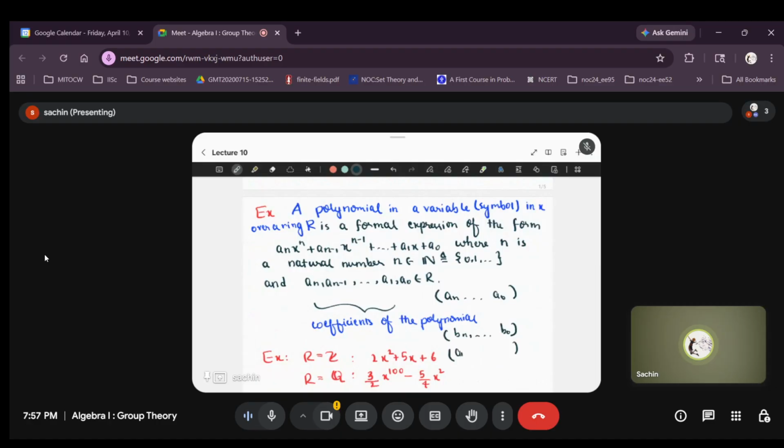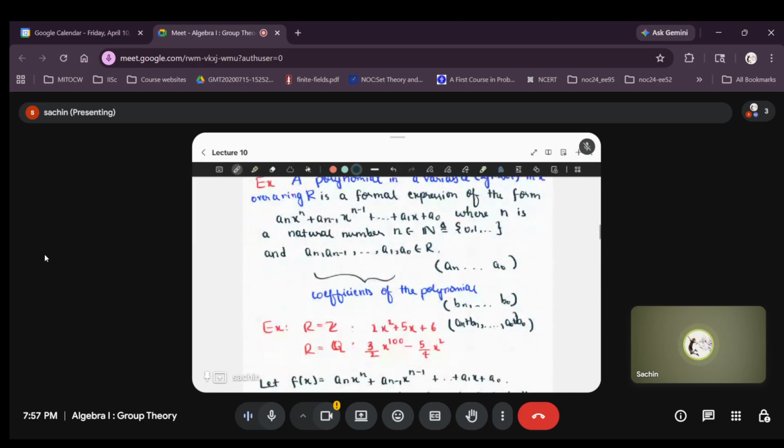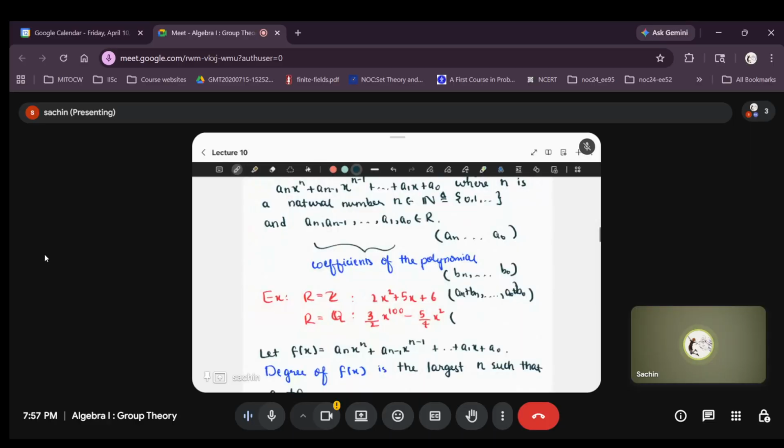You simply add an plus bn. That's addition. And then multiplication, if you really go back and look into it, it would just be the convolution of sequences.